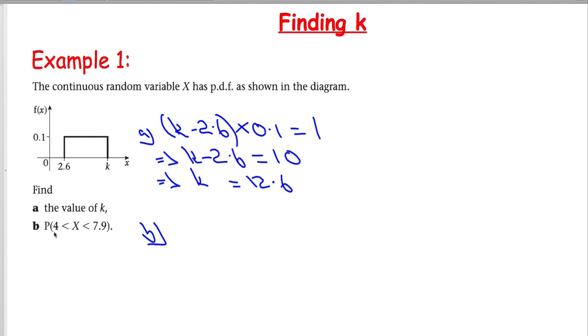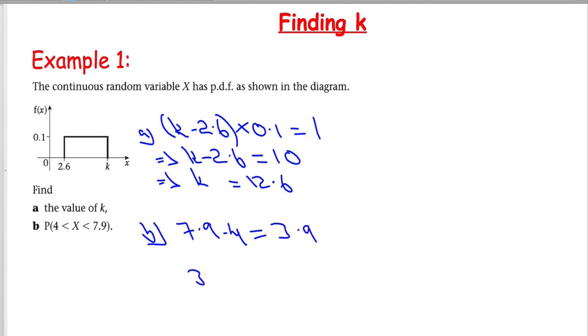I need to find the probability that x is between 7.9 and 4. Well, the first thing I'm going to do is work out the width of this interval. So 7.9 take away 4 gives me 3.9.